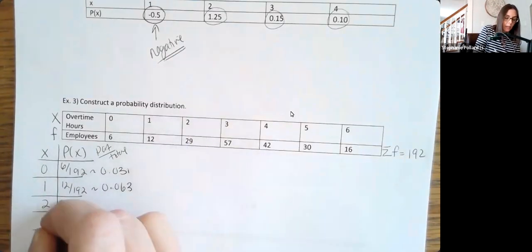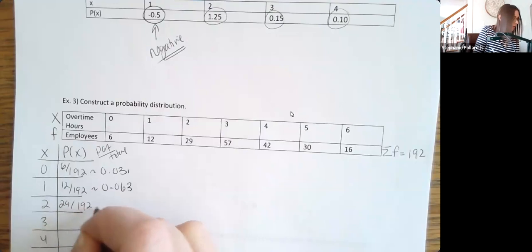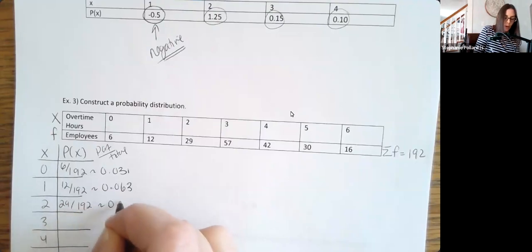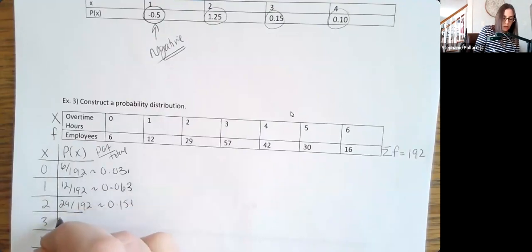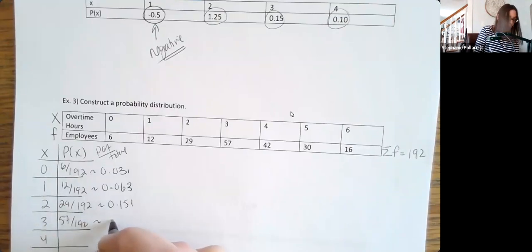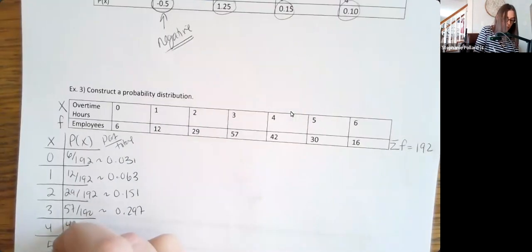For 2, my count is 29, so 29 over 192, about 0.151. For 3, it's 57 for 192, so about 0.297. For 4, it's 42 over 192, just 0.219.